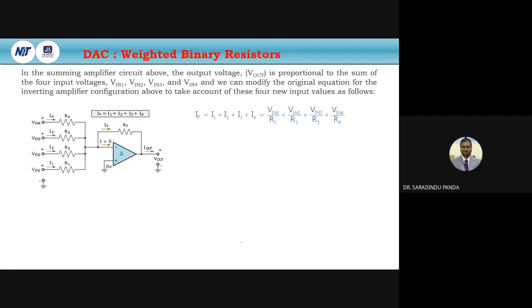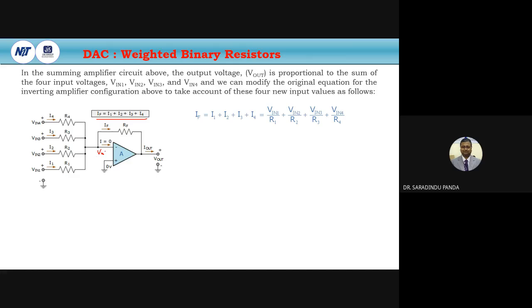Now if we go to the elaboration of this circuit, IF is equal to the sum of I1, I2, I3 and I4. I1 would be Vin minus V0 by R1.